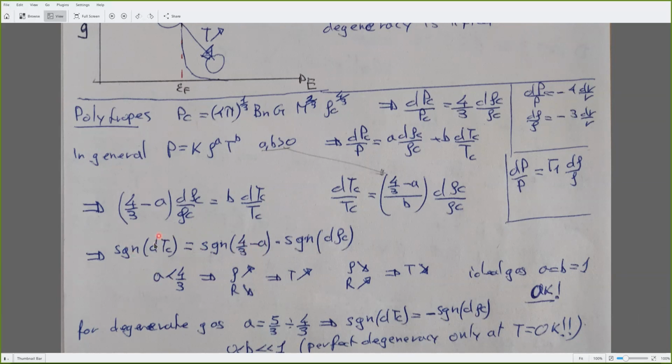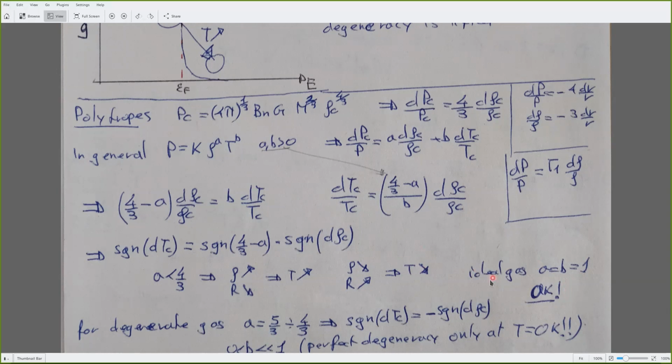So the variation in temperature and the variation in density are connected. That means if the density increases or the radius decreases, the temperature increases, and if the density decreases and the radius increases, an expansion, the temperature will decrease.